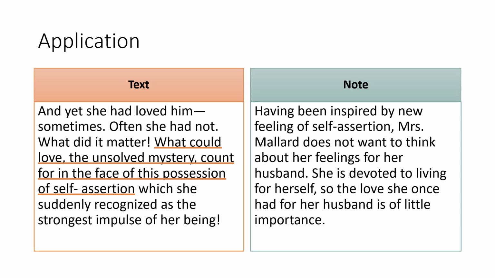He uses the phrase, "What could love, the unsolved mystery, count for?" to infer that Mrs. Mallard will not allow herself to be troubled by her relationship with her husband any longer. The reader uses language from the question and cites evidence from the text to support an analytic response about Mrs. Mallard.